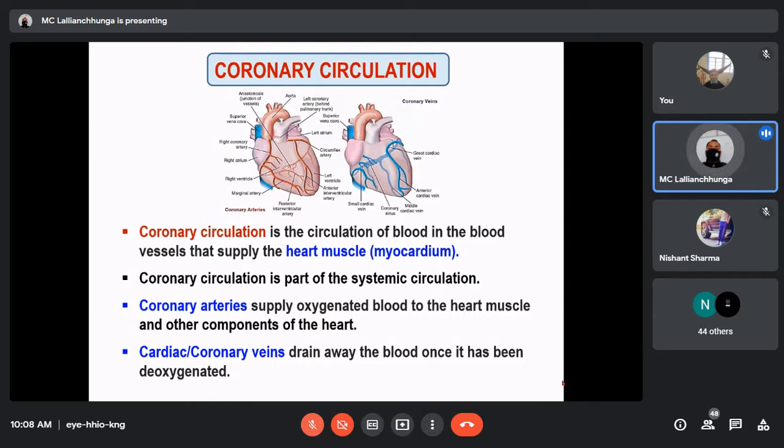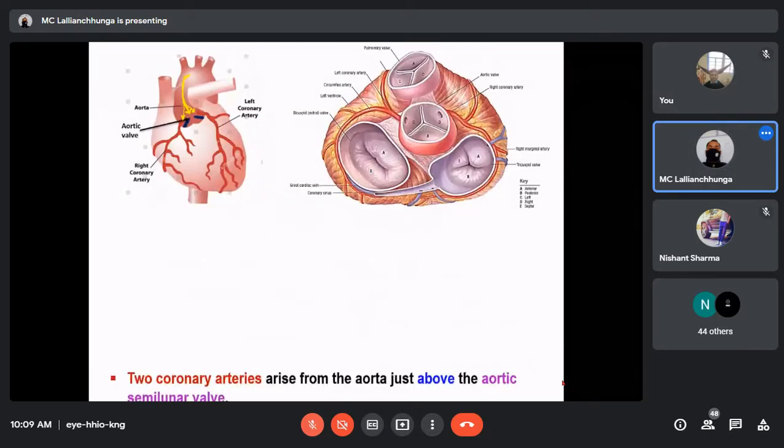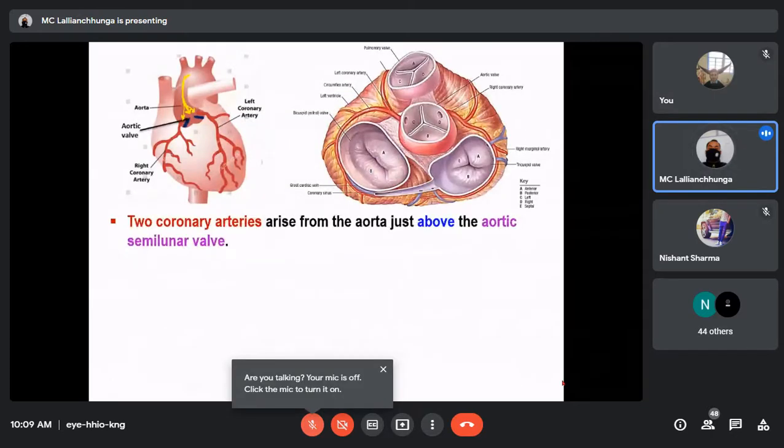These blood vessels supply the tissues of the heart, and there are the arterial system as well as the venous system. Just like other circulatory systems, the arteries carry oxygenated blood, and the venous system carries deoxygenated blood.